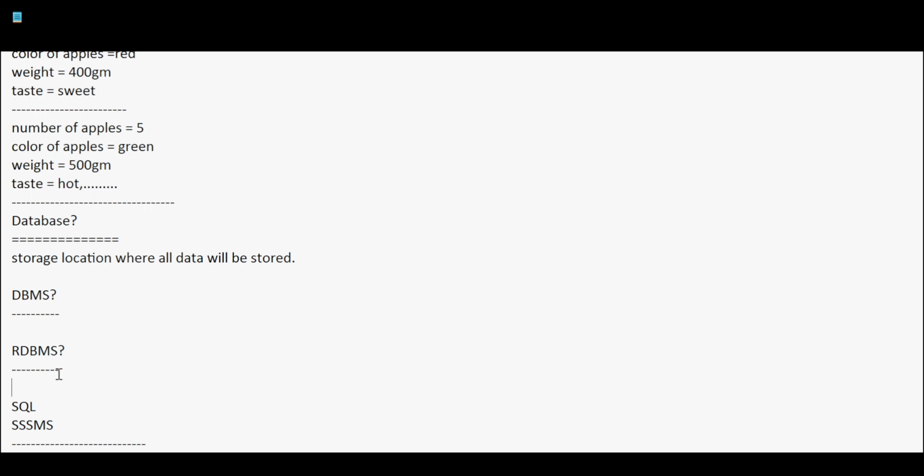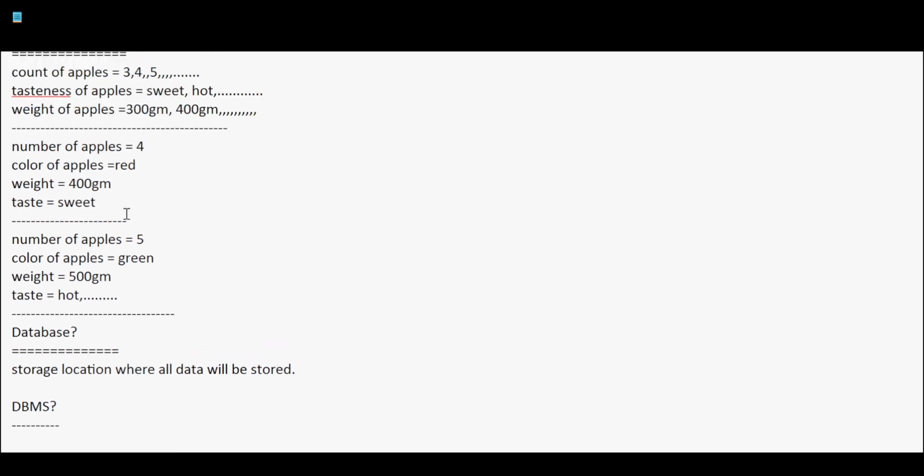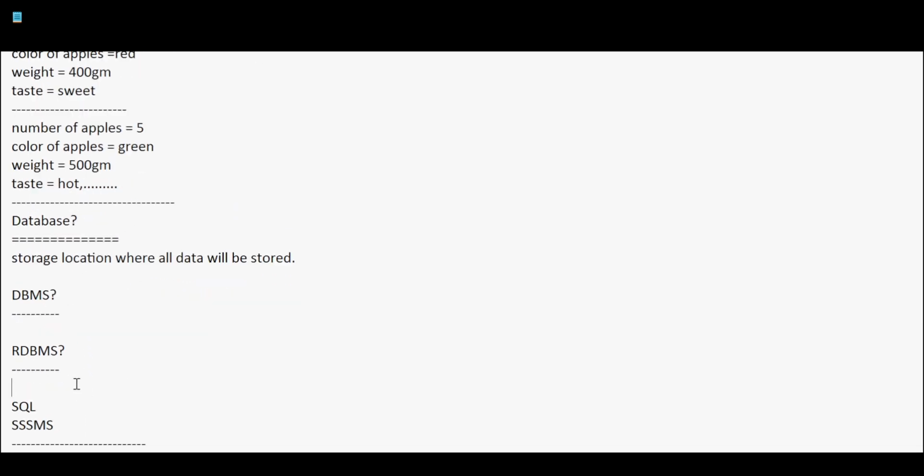For example, if you're going along a way and you find some apples, right, that we discussed earlier. Now let's see. There could be an ID, then the number of apples, just a number, color, weight, and whatever other thing, taste, right?